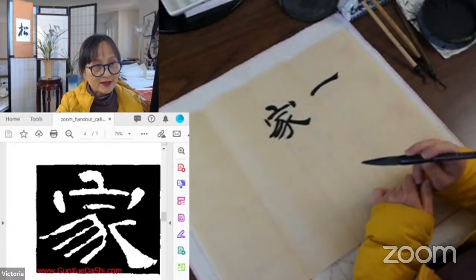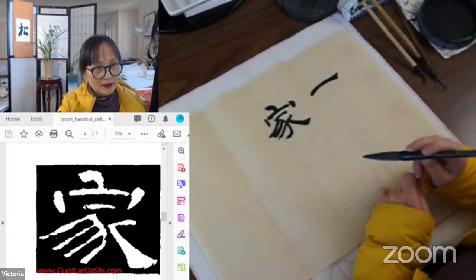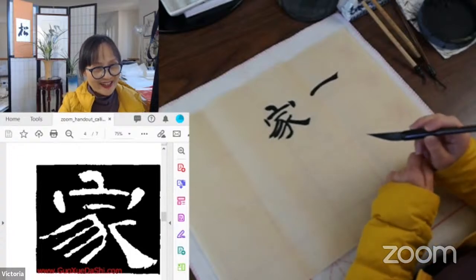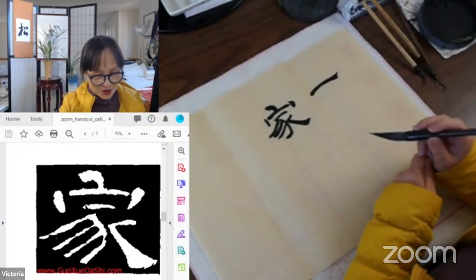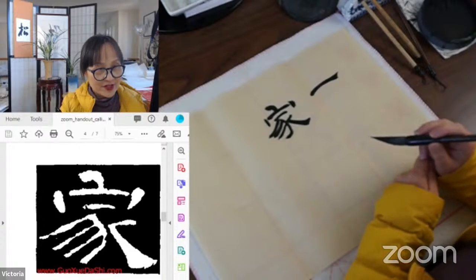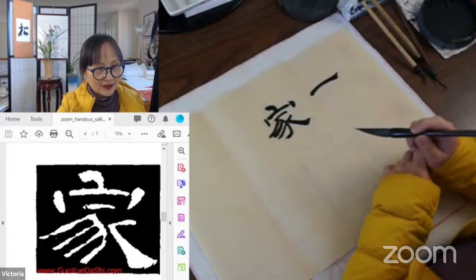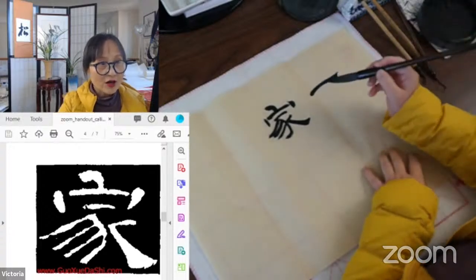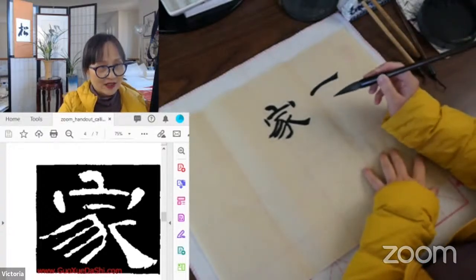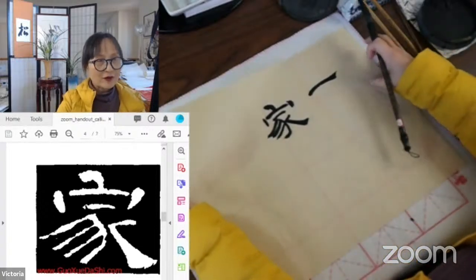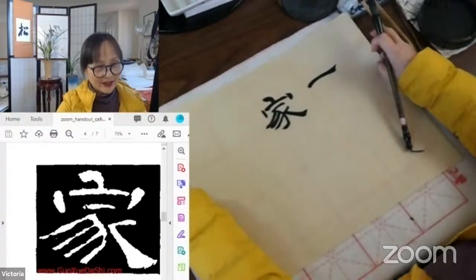And this is the only stroke in official script that is very showy, and it shows what? It shows that it is different from seal carving, the bronze seal carving style, which is different from that. So it is later than that.